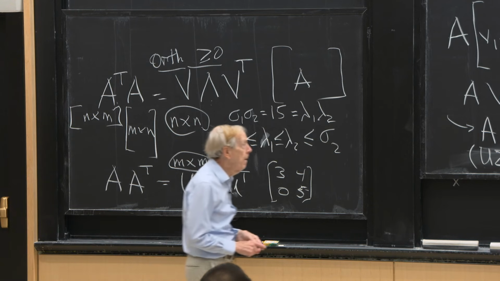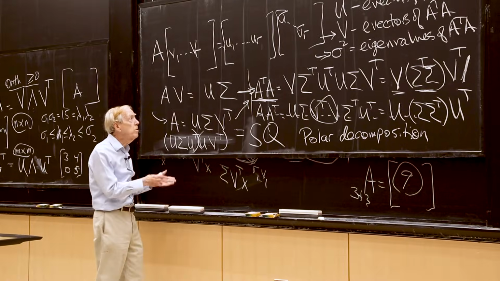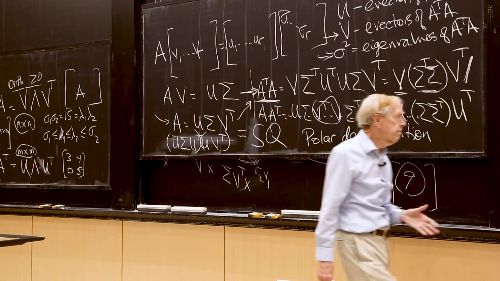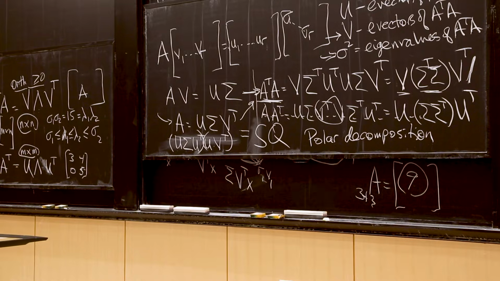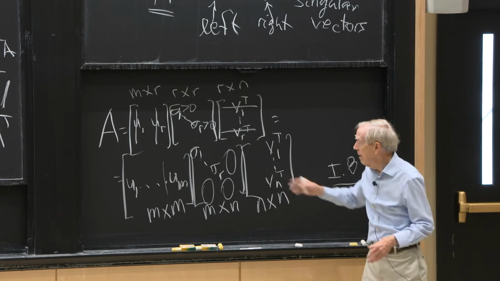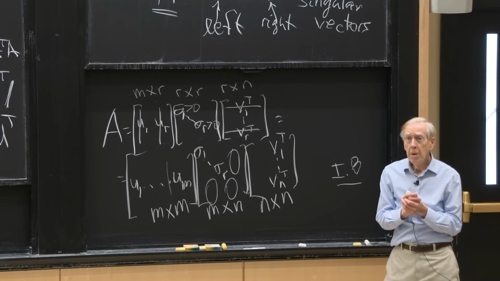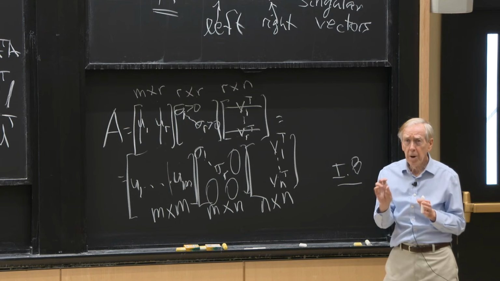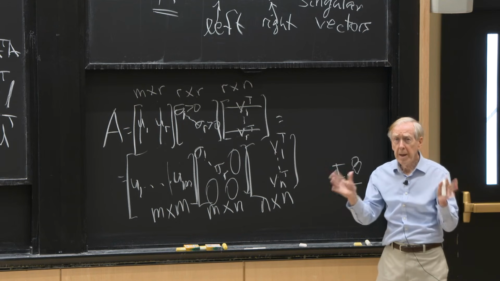Well, let me look at the U sigma V transpose. So what's the one most important part of that matrix? It's a rank 1 piece. When I say a part, of course, it's going to be a matrix part.